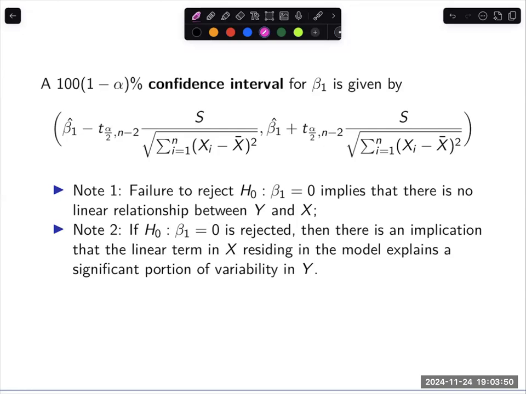And also, if the null hypothesis of beta 1 equal to 0 gets rejected, then there might be an implication that the linear term in x residing in the model explains a significant portion of the variability in y. That also doesn't mean there's no other relationship other than linear. For example, there might be a second order relationship, but that is out of the scope of the linear regression model's discussion.